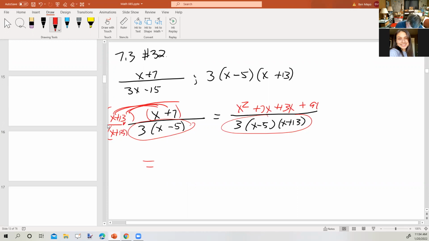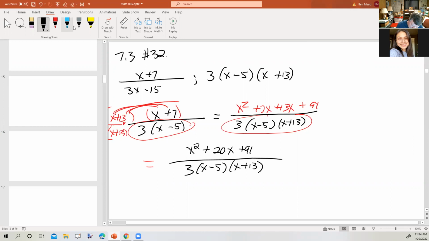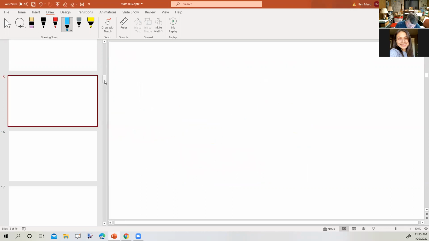So ultimately, I'm going to have x squared plus 20x plus 91 over 3 times x minus 5 times x plus 13. So there is that. Any questions about that one?